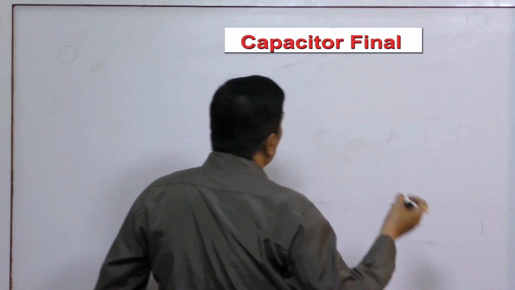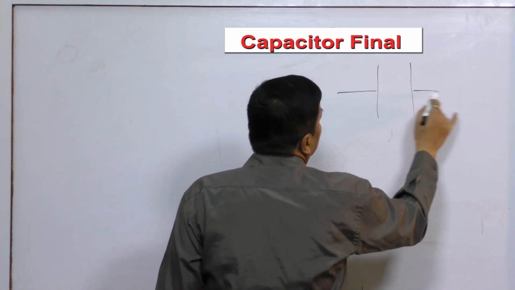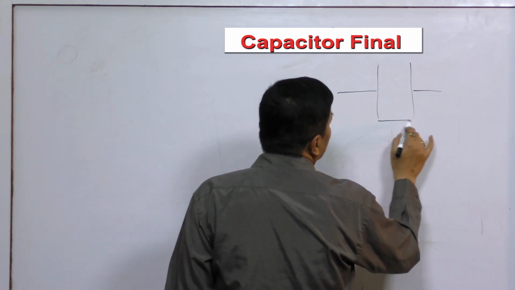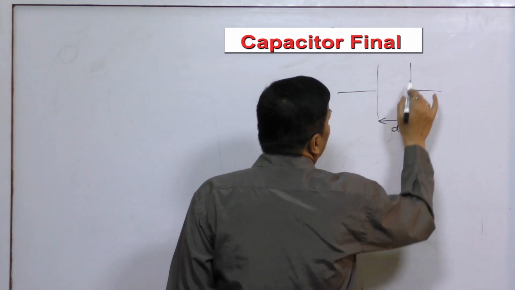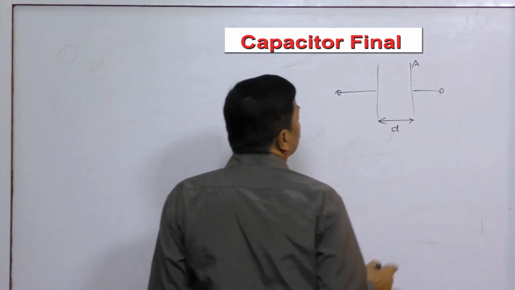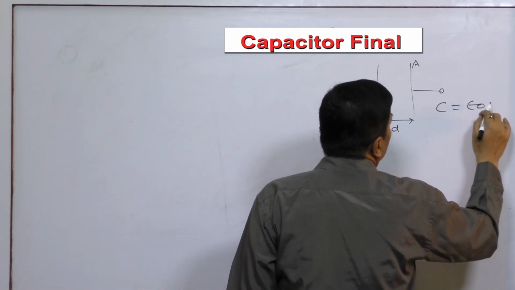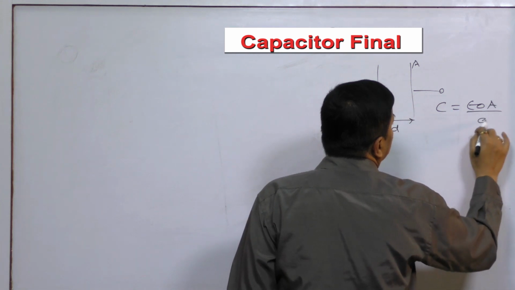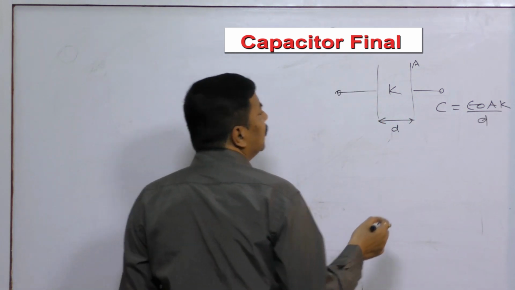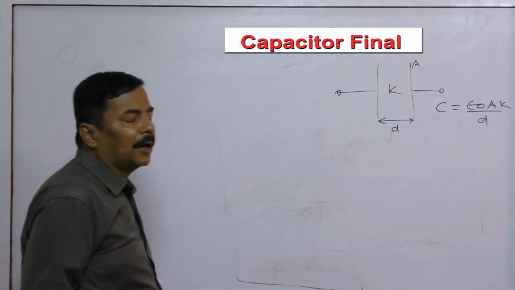See, all of you know that here is the parallel plate capacitor, its distance is d, plate area is A, and capacitance C is equal to epsilon naught A by D. If I fill a dielectric, then it is epsilon naught A K by D. This is the capacitance of the parallel plate capacitor.